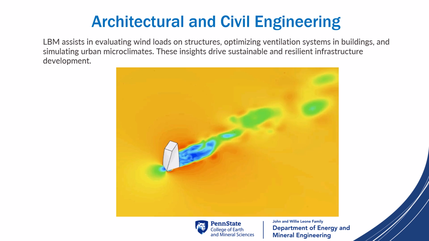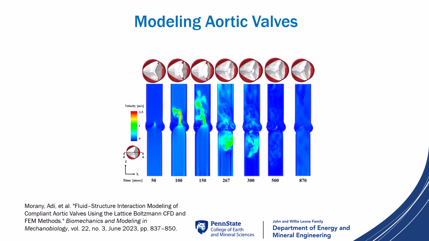In modeling aortic valves, LBM is used to capture the detailed behavior of blood flow through the valve leaflets, accounting for both the fluid dynamics and the interactions with moving boundaries. Its localized, particle-based nature makes it well suited for handling the intricate geometry of the valve and the rapid, unsteady flow that occurs during the cardiac cycle.